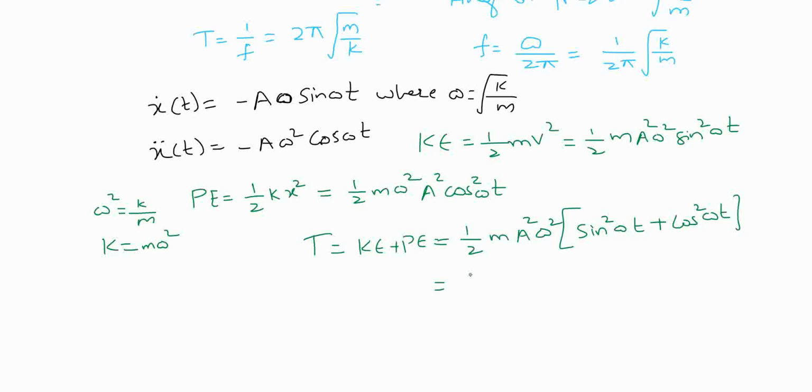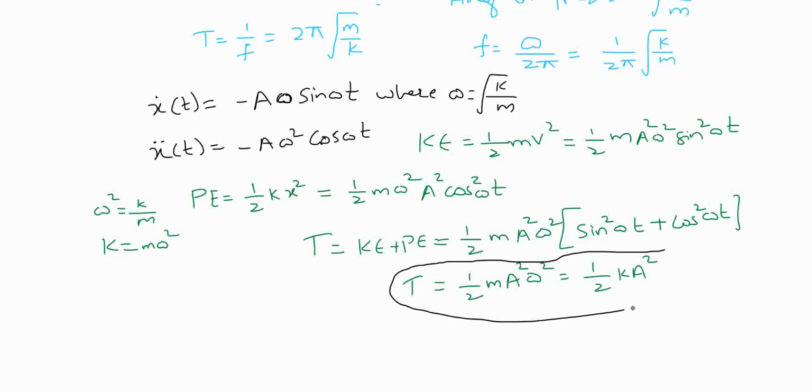This will give us half m A square omega square as the total energy, and also we know that k equal to m omega square, so we can write it as half k A square. This is the total energy. So we have got the expression for total energy, which depends on the amplitude, that is how much stretching we are doing, as well as the spring constant k.